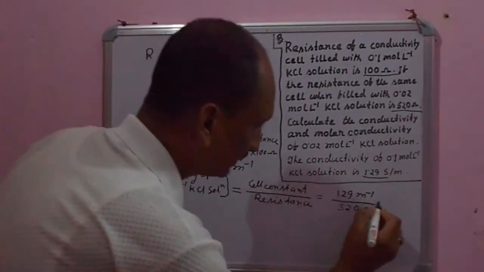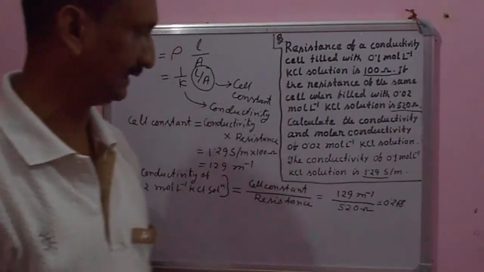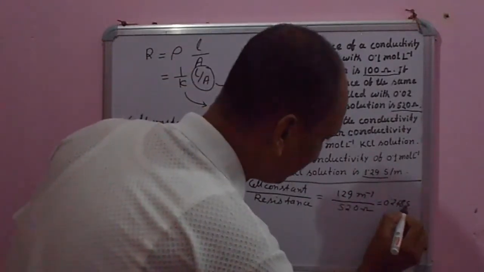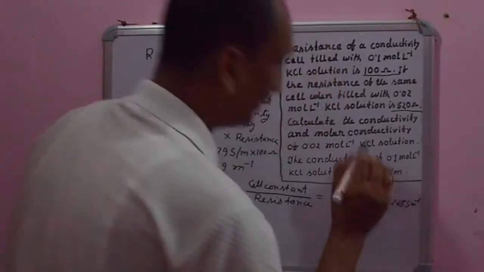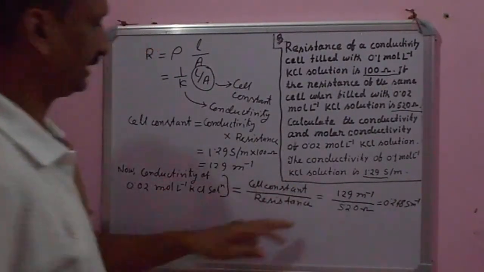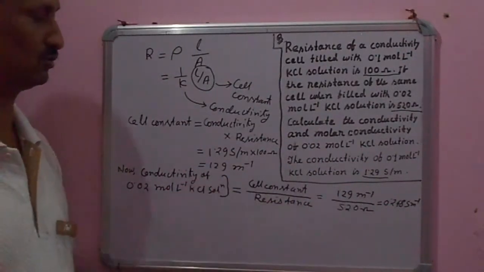So if you calculate, this will come out to 0.248, and the unit is ohm inverse meter inverse, or Siemens meter inverse. So this is the conductivity of 0.02 mole per liter KCl solution.